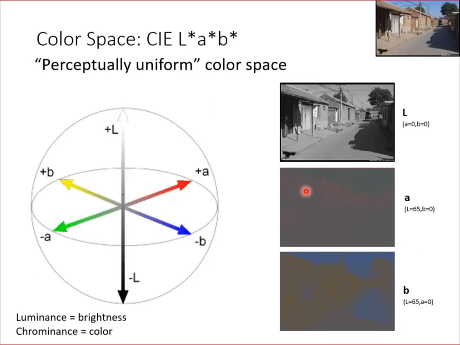And this is another color space, CIE L star A star B star. The advantage is that it is perceptually uniform. It converts the RGB space to color and lightness. For the brightest part, you cannot sense any color.